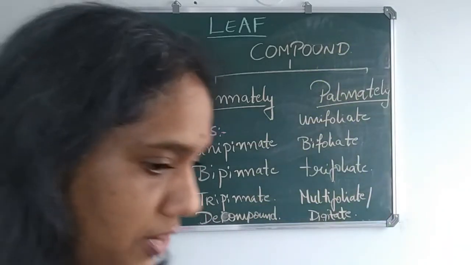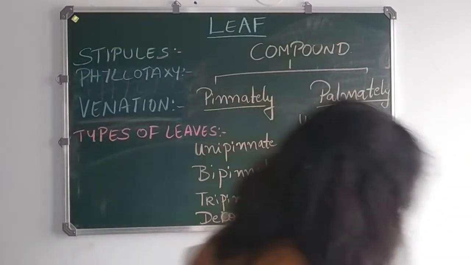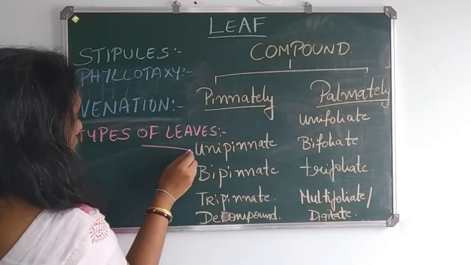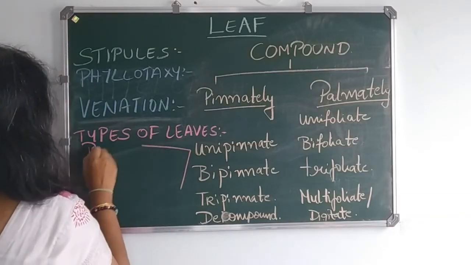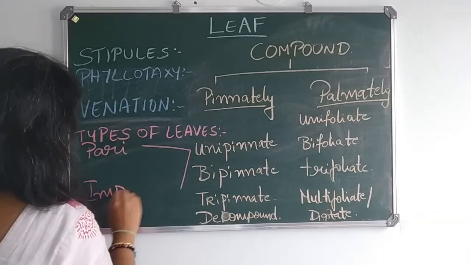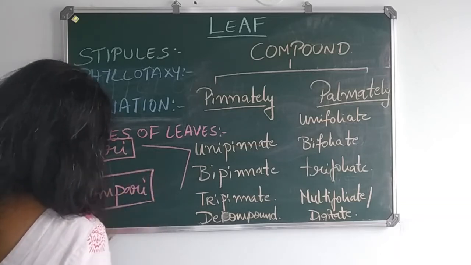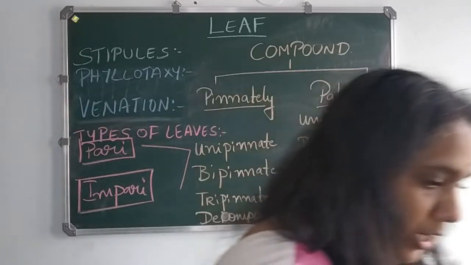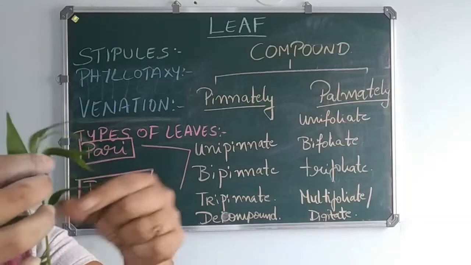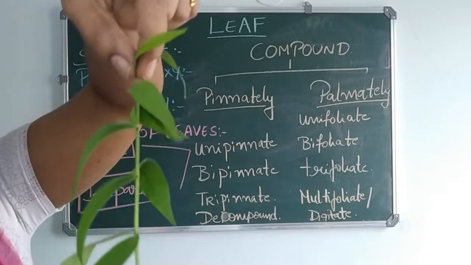Now first we will learn more about this unipinnate itself. Again, this unipinnate is of two types: peripinnate and imperipinnate. In the example I showed you right now, if I count the number of leaves till the end, you can see the tip ends with two leaves, correct?